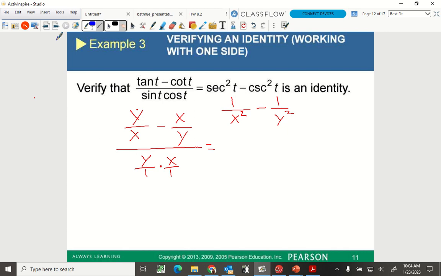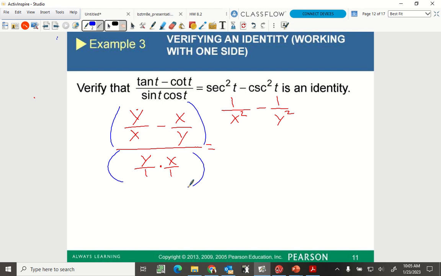Anyway, so fraction over fraction. This thing right here is a hot mess, right? So I have a fraction minus a fraction over a fraction. We're going to clean it up by multiplying the numerator and denominator, everything, by the common denominator. What is the common denominator of the top?